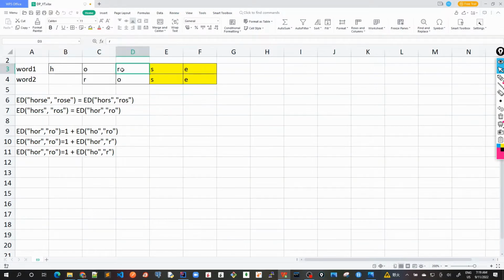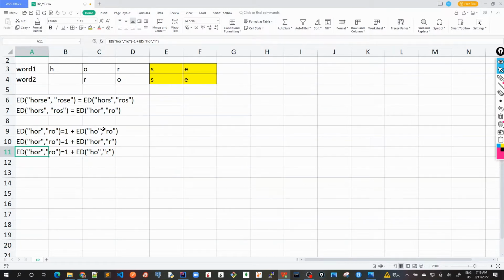We can remove the R character and take the edit distance of HO and RO, or we can remove the O character and find the edit distance of HOR and R, or we can delete both characters R and O and find the edit distance of HO and R. These are the three possibilities, and we have to find the minimum of them.